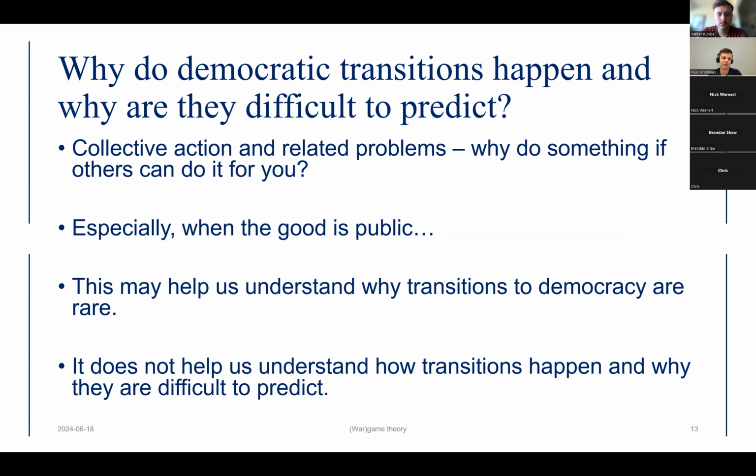The fact that you vote doesn't limit the opportunities for others to vote. So democracy in that sense is a public good. And with public goods, we have a particular problem, which is collective action problems. That is, when many people have to work to get that public good, they don't necessarily have strong individual incentives to do that.